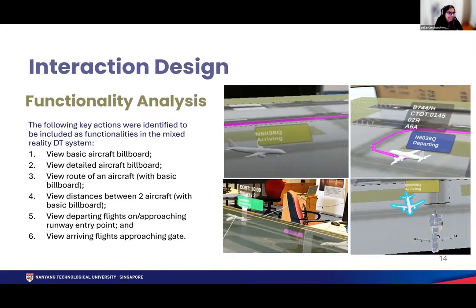Billboard is a tag that you saw in the previous slide. We can also see the route of an aircraft, distances between 2 aircraft, flight on a runway, and flights approaching a gate. So you can see some examples in the pictures here, but I will show you a more detailed view of all the available information and interaction methods in a later slide.